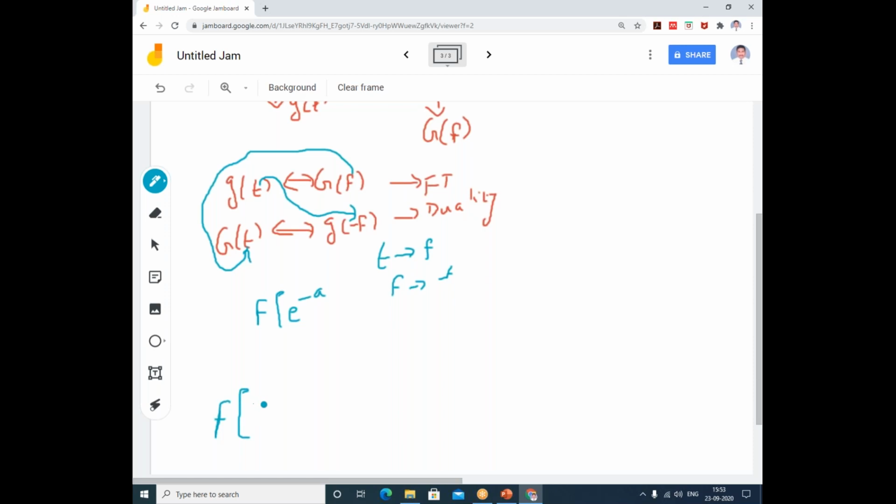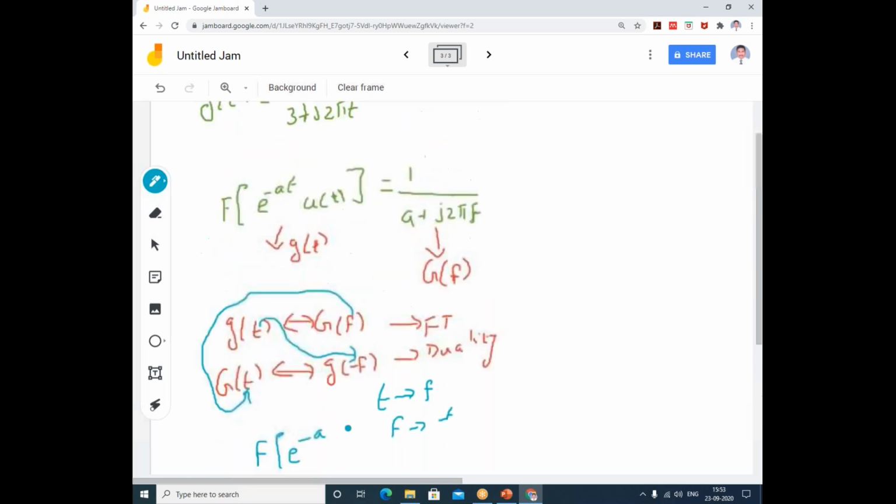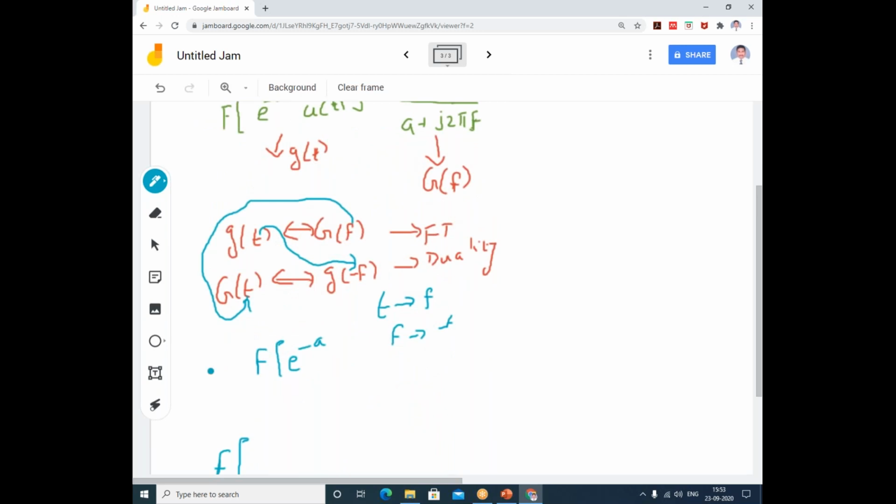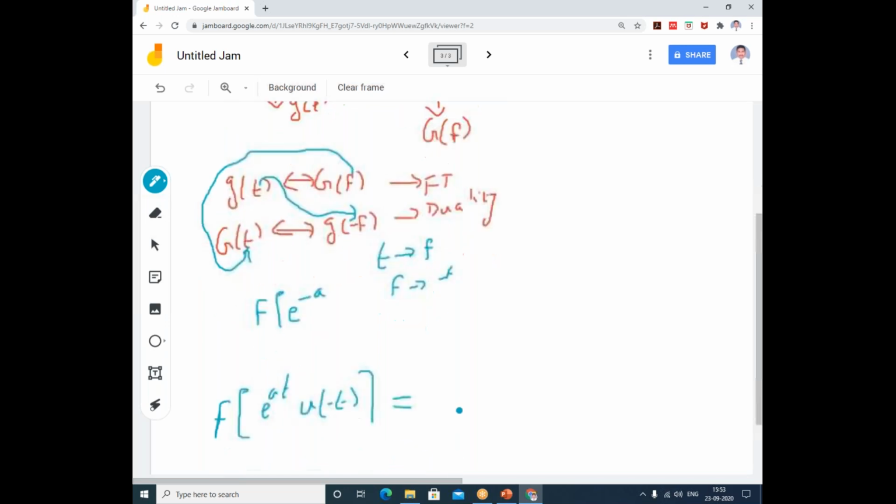When you consider the Fourier transform of e power at u of t, and e power at into u of minus t, that means the rising pulse, it is 1 by a minus j2 pi f.